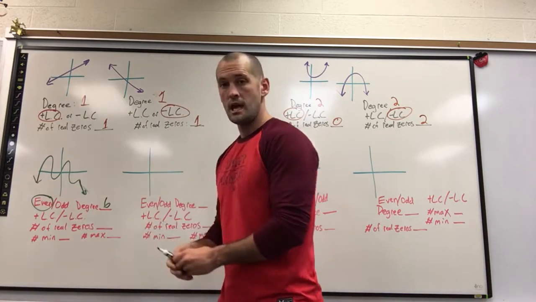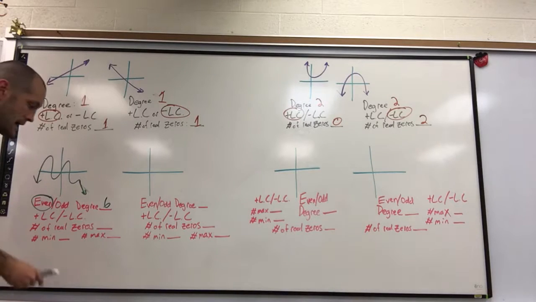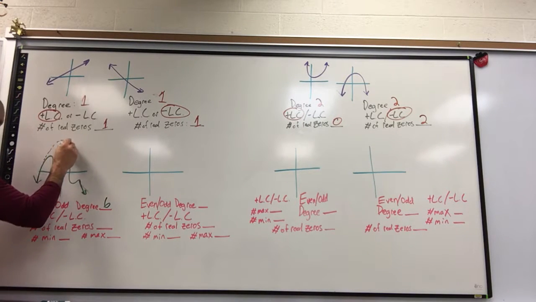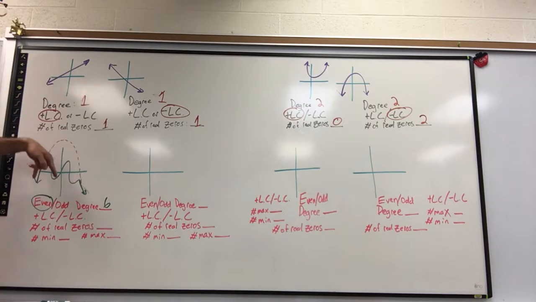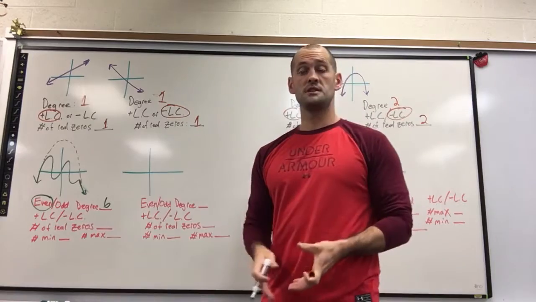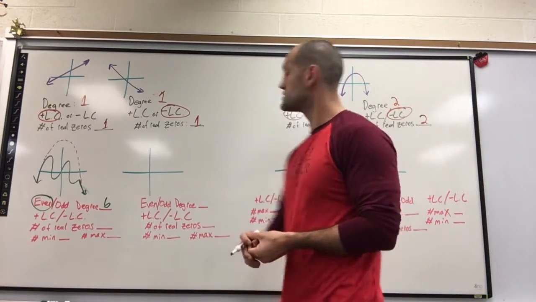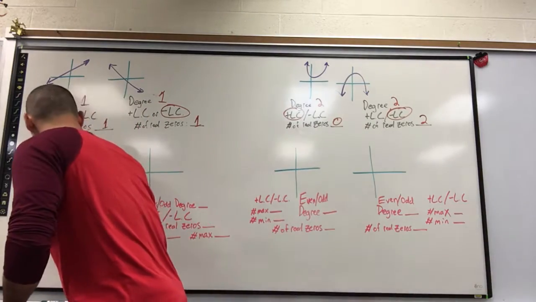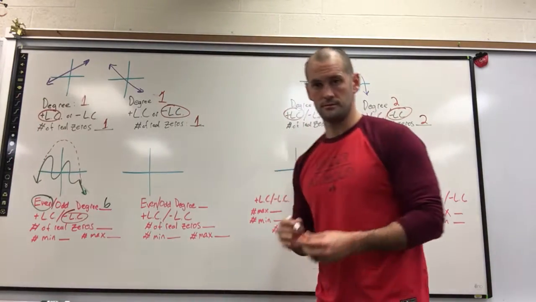Look, if I were to think of this as one big parabola, wouldn't this open down? Yeah, it would. It's opening down. So would that represent a positive or negative lead coefficient? Negative. So this is a negative lead coefficient.